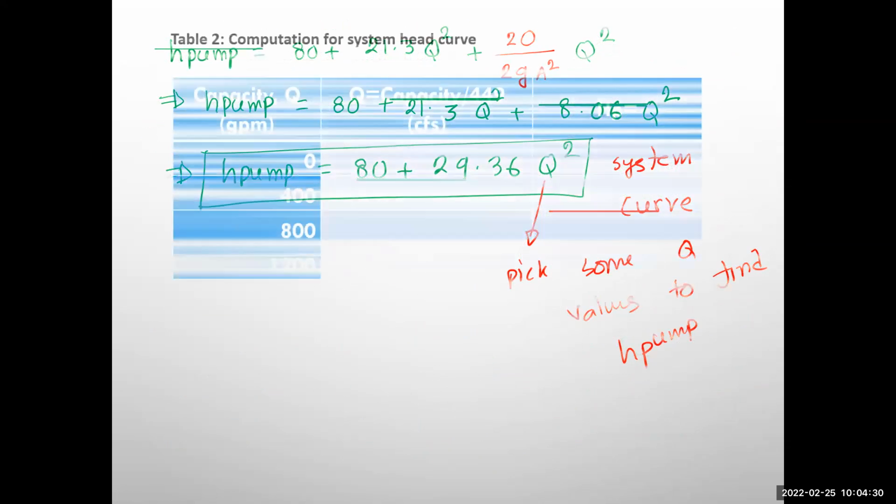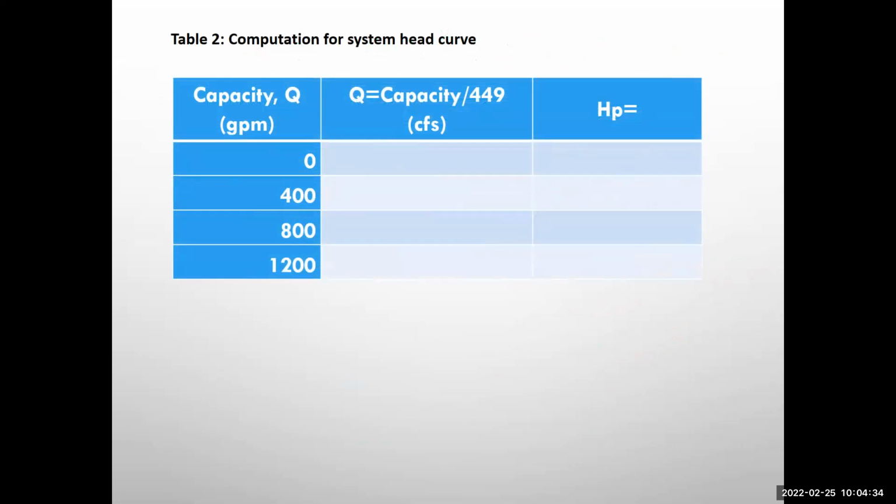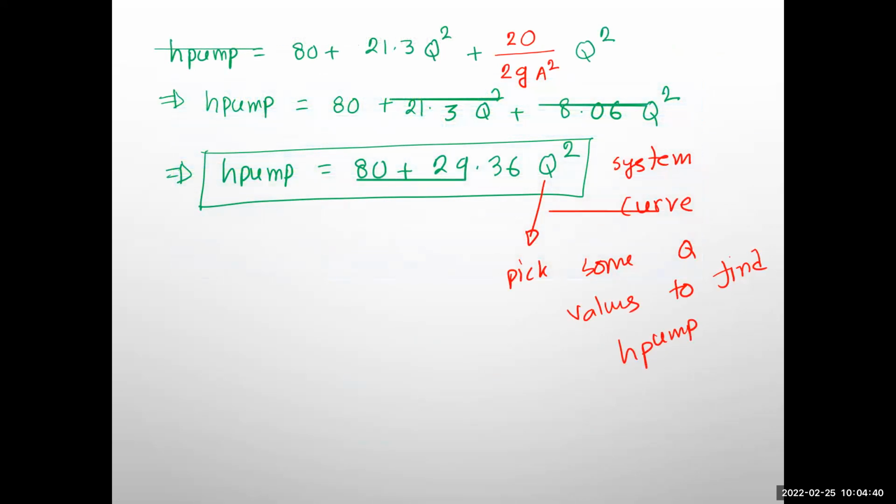Now the next step was, I think we stopped here, right? Did we do something about the system curve plotting? Okay, so since we have a curve, obviously the next step is we need to plot the system curve and the composite pump head capacity curve, right?